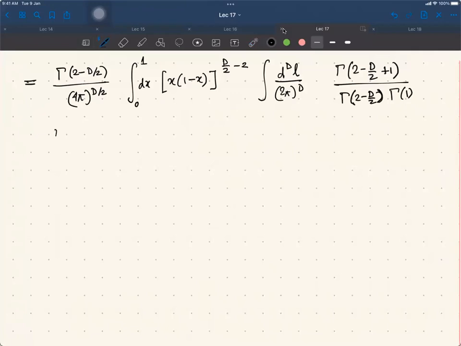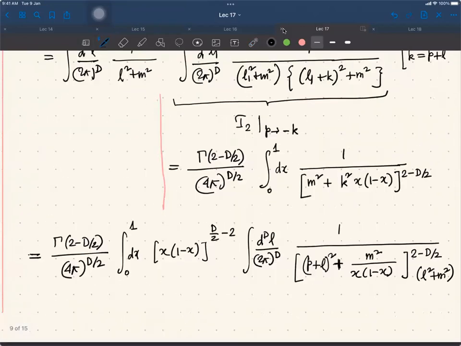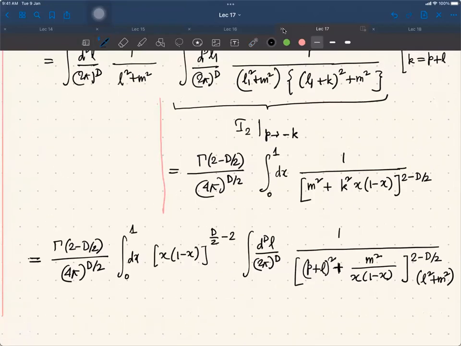Times d alpha 1, which I call y, and downstairs we have a1 times alpha 1, where a1 is this factor.